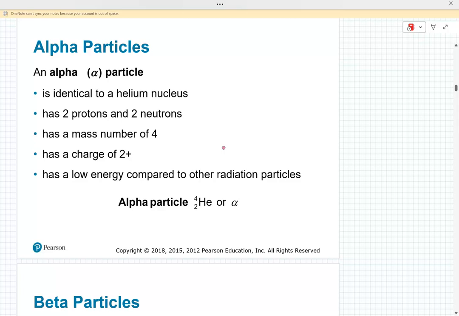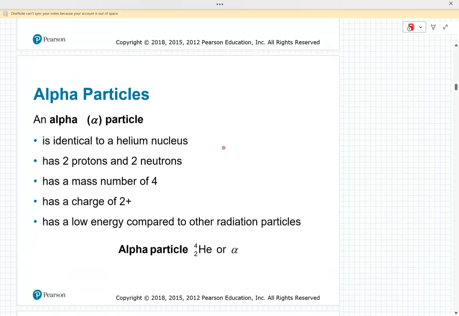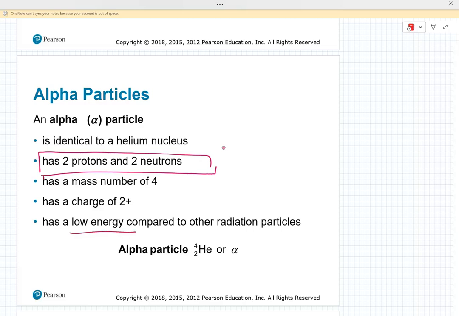What is heavier, a proton or an electron or neutron? Protons and neutrons are much heavier than electrons, right? So you would think that an alpha particle that contains 2 protons and 2 neutrons will be absolutely devastating. But it actually has a very low energy. You can think of it this way.